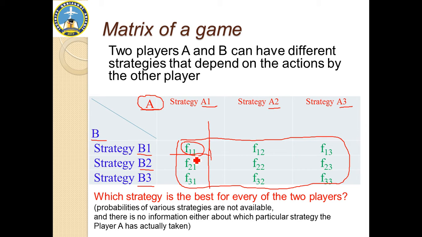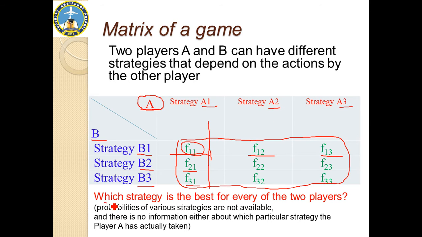Depending on the moves by his opponent, he can obtain either this payoff or this payoff or this payoff. And the same principle holds for player B. He loses F sub 1 1 for strategy B1 if player A plays A1. He loses this amount of some resource if he plays strategy B1 and player A picks his strategy A2, and so forth.